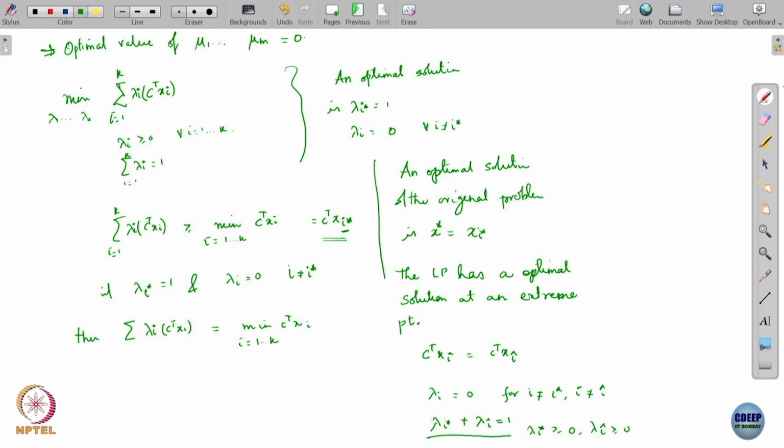All that matters is that they sum to 1, because in that case, the objective is going to reduce when you look at this summation of lambda i c transpose x i. Because all the other lambdas are 0, what is left is just lambda i star c transpose x i star plus lambda i hat c transpose x i hat.